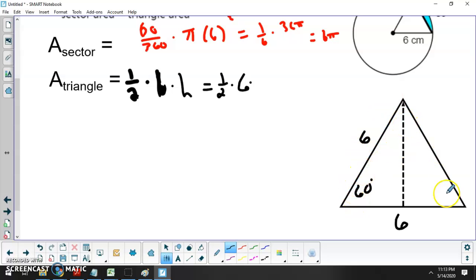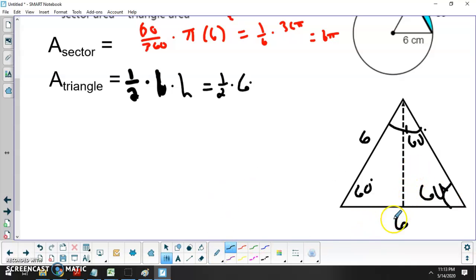That means that these two angles here have got to be equal. I already used up 60 degrees, so I only have 120 to split equally here and here. So that means this angle is 60 and this angle is 60. So we have an equilateral triangle.